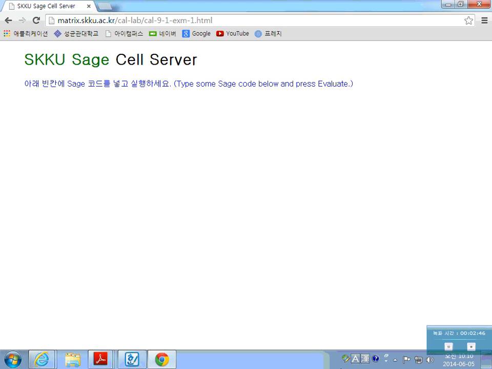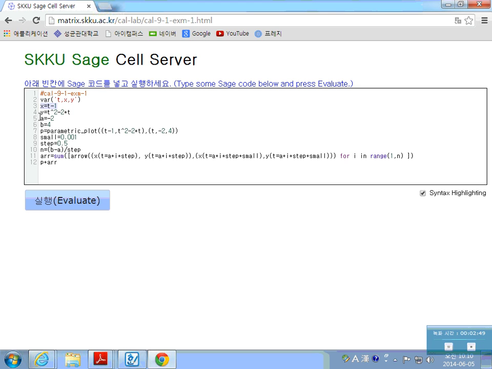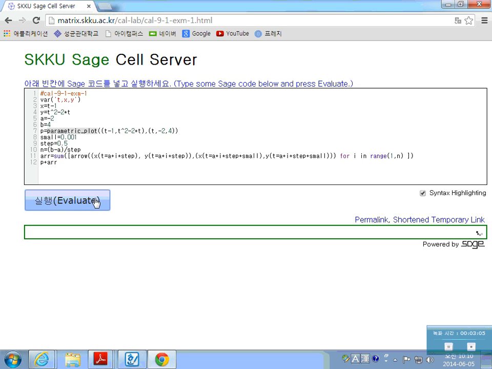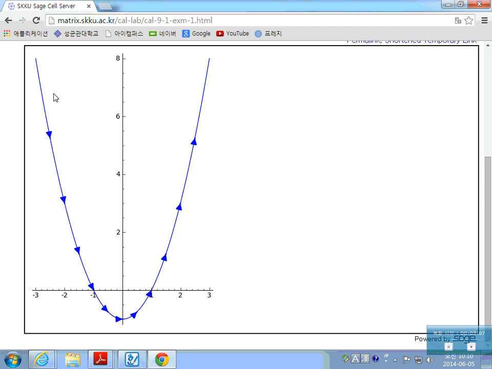So this is a function x equals t minus 1, y equals t squared minus 2t. If we draw the graph of that parametric function in a parametric plot, in the x-axis, y-axis, and t from minus 2 to 4, then you will see the graph looks like this.